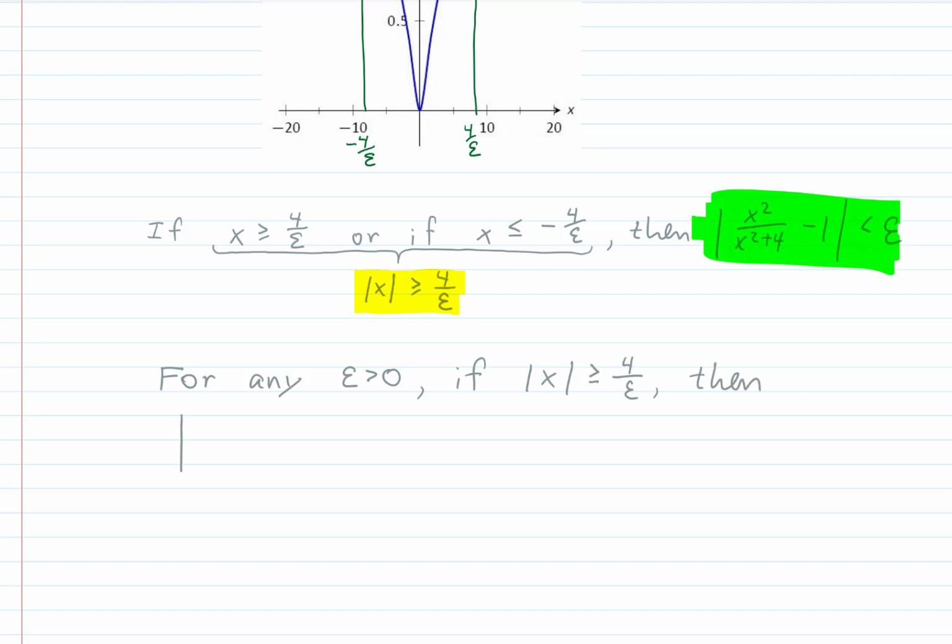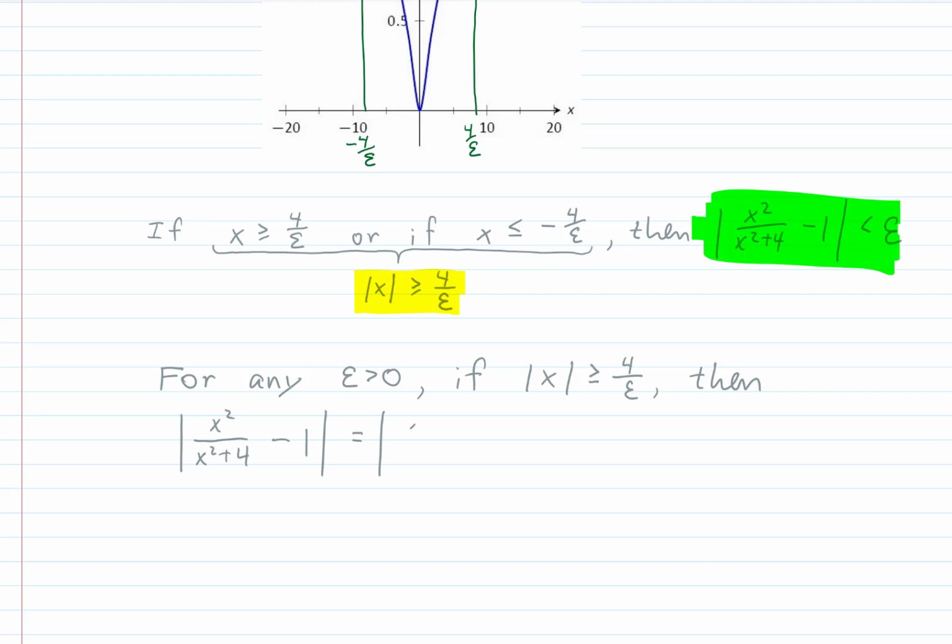the distance between x squared over x squared plus 4 and 1 will do what? Well, let's see. First, I'm going to just simplify that.